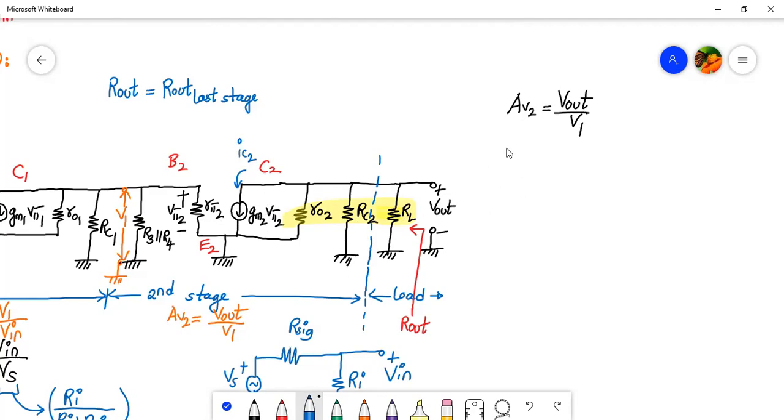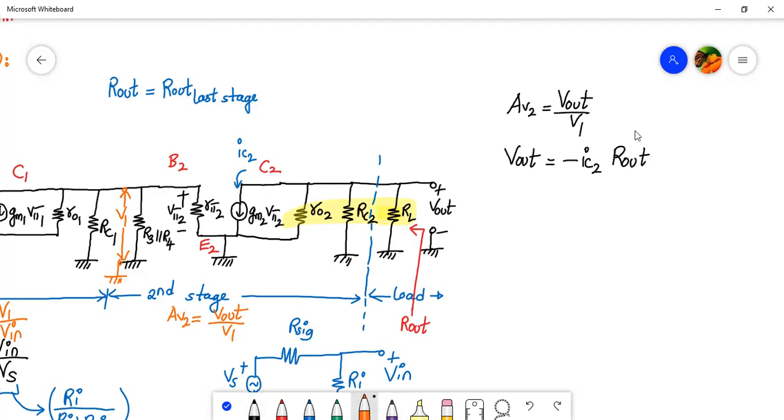Let me use a black pen. So V out, I can write V is equal to IR, right? And these three resistances are in parallel and equal to R out. So V out is equal to minus IC2 into R out, where R out is RO2 parallel to RC2 parallel to RL.